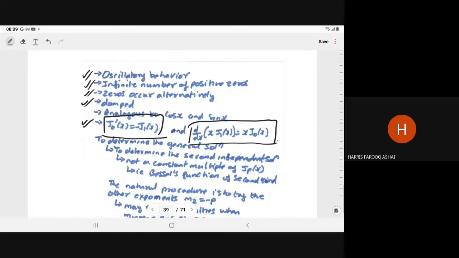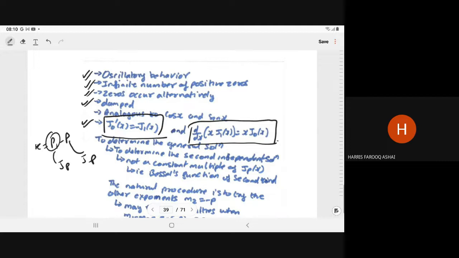Earlier we have seen we have two exponents, k equal to p and k equal to minus p. For p we have computed the solution as Jp. If you write minus p in place of p, you will get another solution. And when both solutions are linearly independent, then only we can write the general solution.